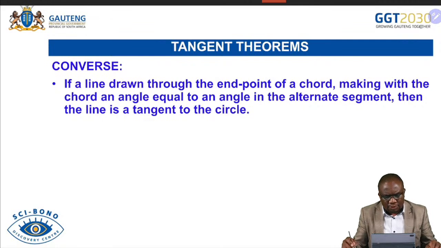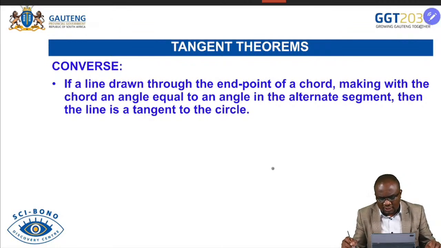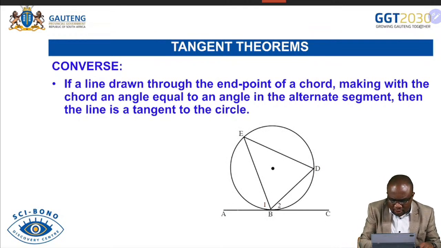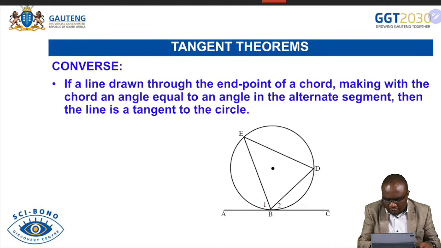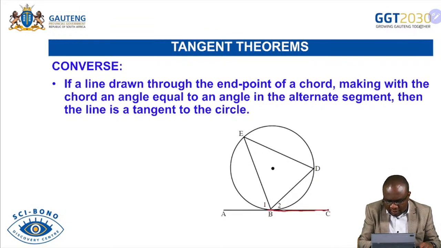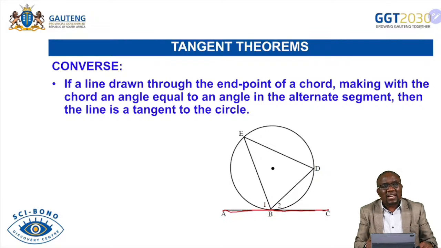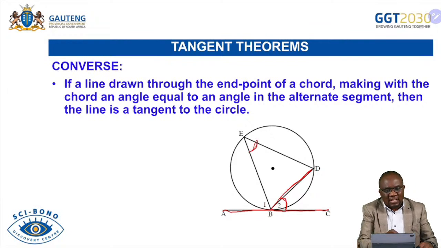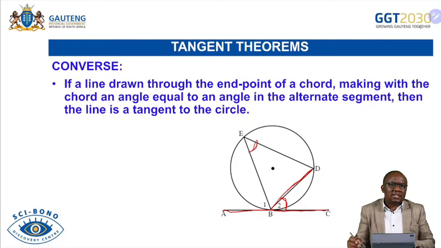A line drawn through the end point of a chord, making with the chord an angle equal to the angle in the alternate segment. So we're saying a line drawn through the end point of a chord, like this one, making an angle with the chord, making this angle equal to the angle in the alternate segment, then this line AC is the tangent.